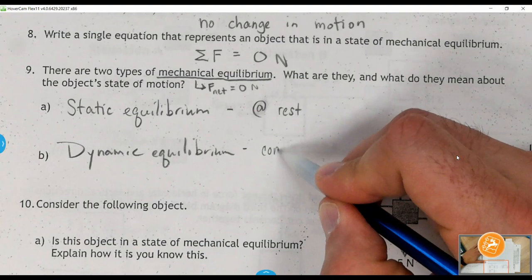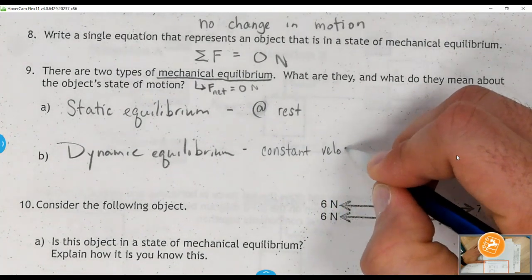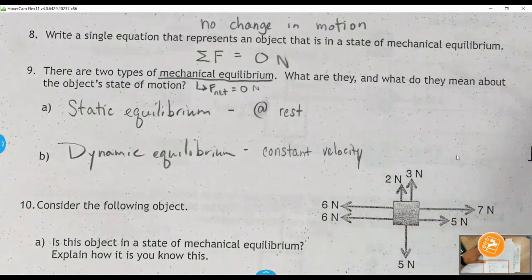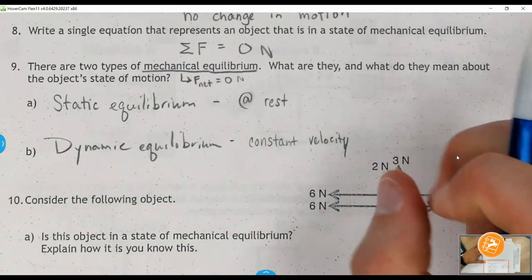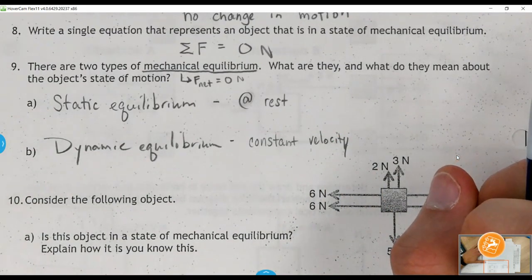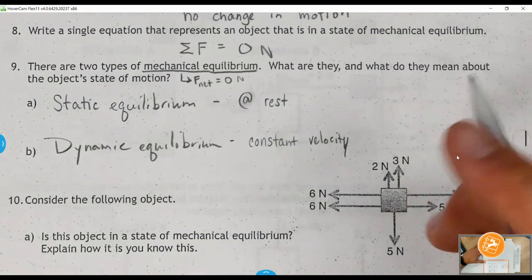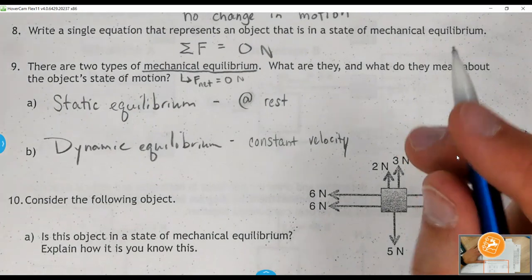It means you have to be at a constant velocity. Velocity is essentially speed with a direction. So if you're at a constant velocity, you have to be at a constant speed in a straight line. If you turn at all, or speed up or slow down, you can't be in equilibrium.